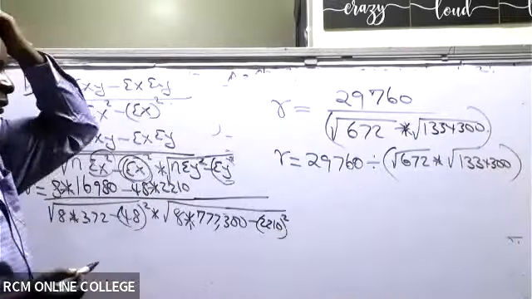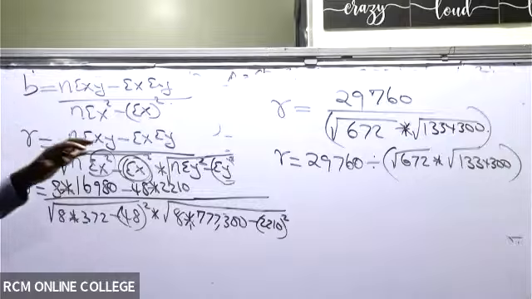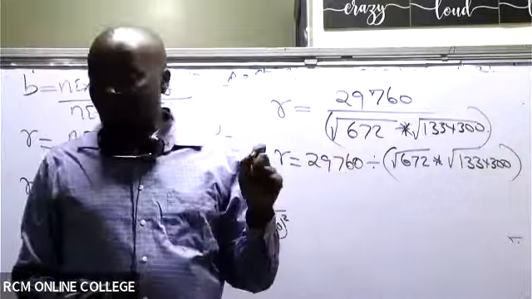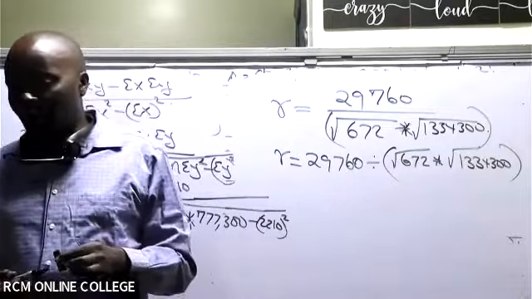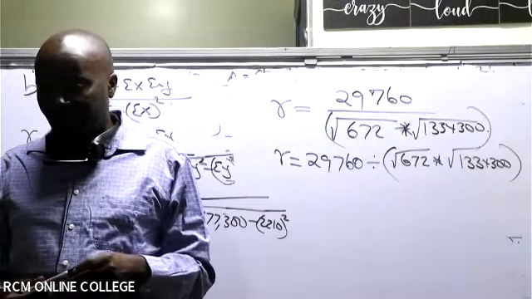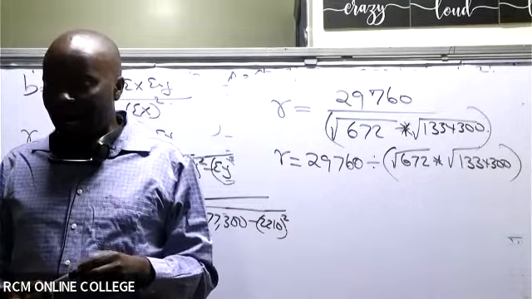What figure will you get? Do it with one stroke, but remember to put the denominator into brackets. So what are we getting, ladies and gentlemen, here as our R?